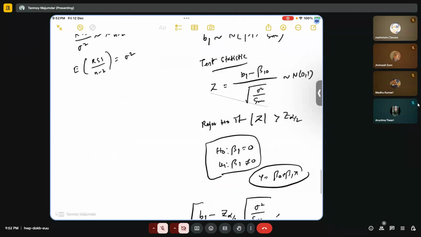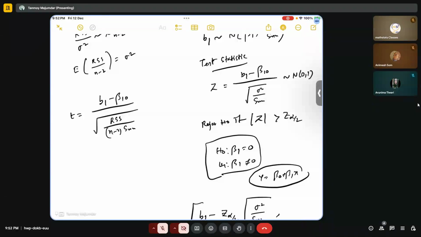So obviously we can't use Z or the standard normal variable, so we are going to use the t distribution. We can write t as b1 minus beta 1 naught divided by root over, sorry, not Sxx, it should be RSS by n minus 2 into Sxx, because we have just used RSS by n minus 2 in place of sigma square.